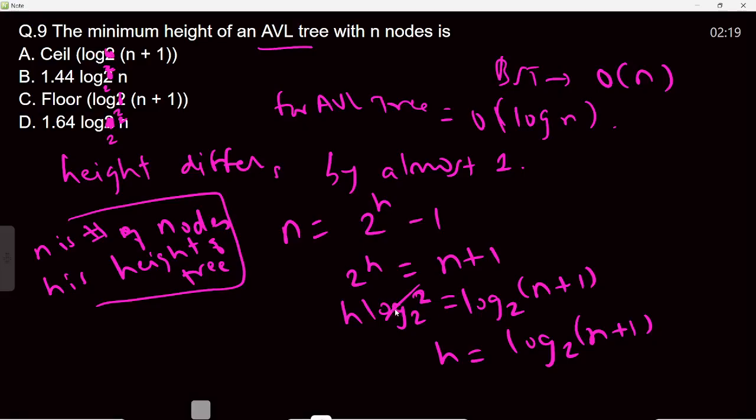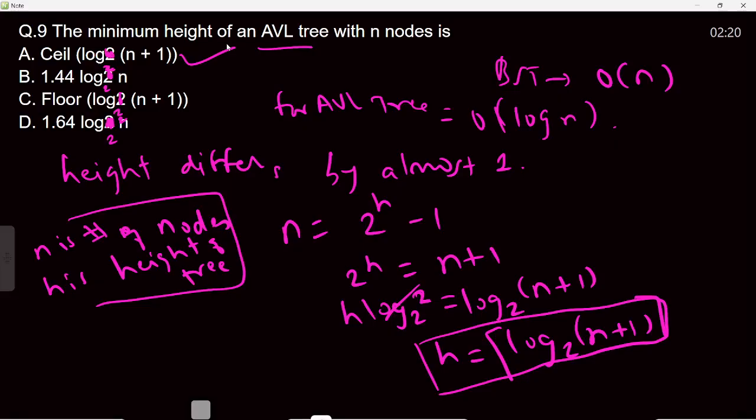So for this we will be using ceiling function, because floor function is partially true, but ceiling function always gives us the minimum height. Okay, but for some of the conditions, floor function gives the false result. So correct answer is ceiling function.